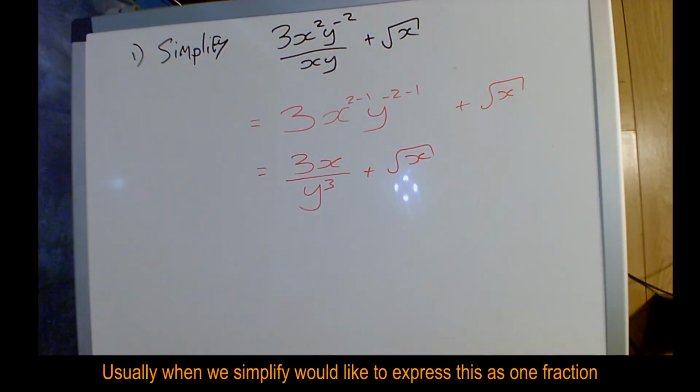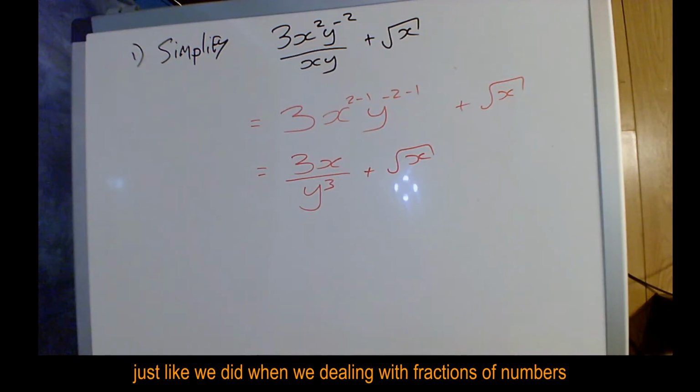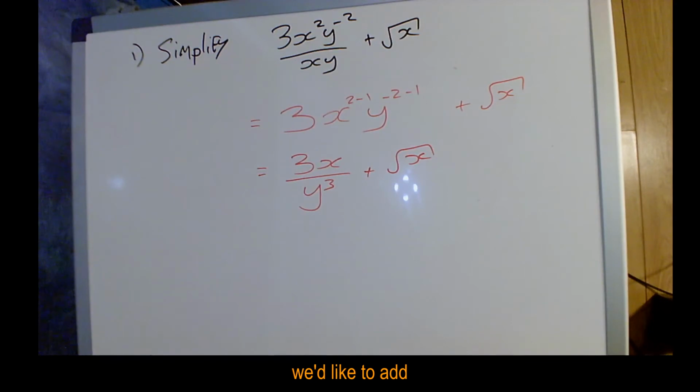Usually when we simplify, we'd like to express this as one fraction. It's usually much easier to deal with. So now, just like we did when we were dealing with fractions of numbers, we'd like to add 2 fractions here, make it one fraction. We want the bottoms to be the same.